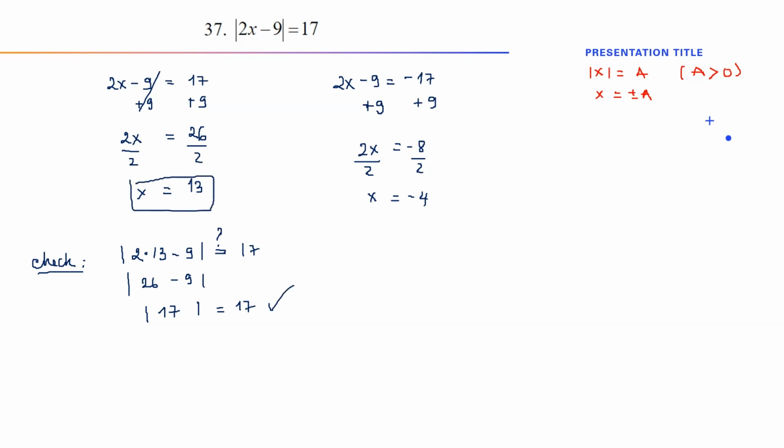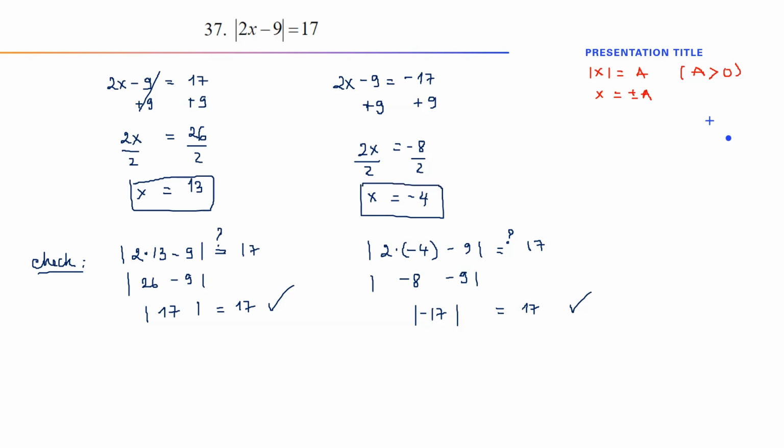This is one of our answers. Now we check x equal negative 4. So 2 times negative 4 minus 9, is that equal to 17? 2 times negative 4 is negative 8, minus 9 is negative 17, and it's inside the absolute value, so it equals 17, and this one is yes. So x equal negative 4 is one of our answers.